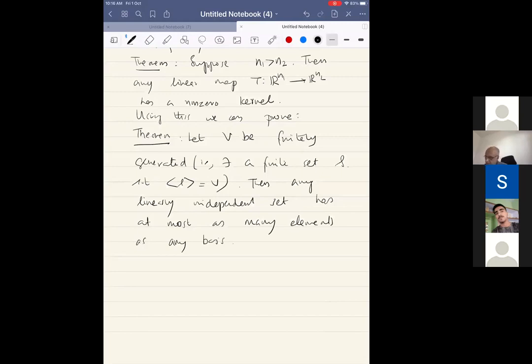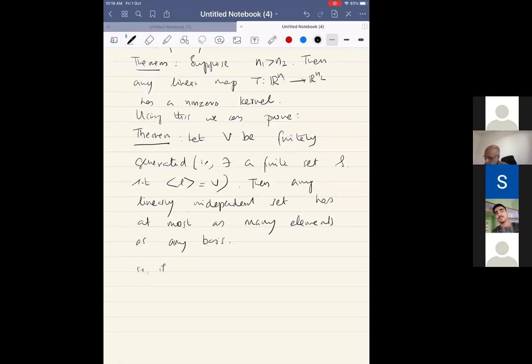By the way, since I have talked about the finite set S that generates V, this linearly independent set need not be a subset of S. The only thing is that I need V to be finitely generated. So what does this say more explicitly?